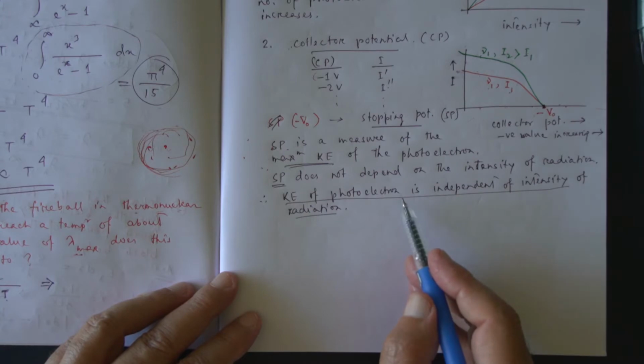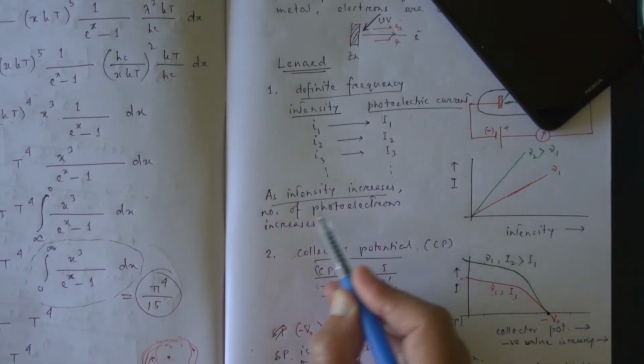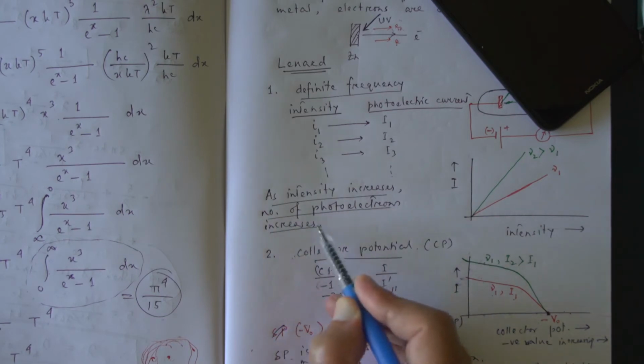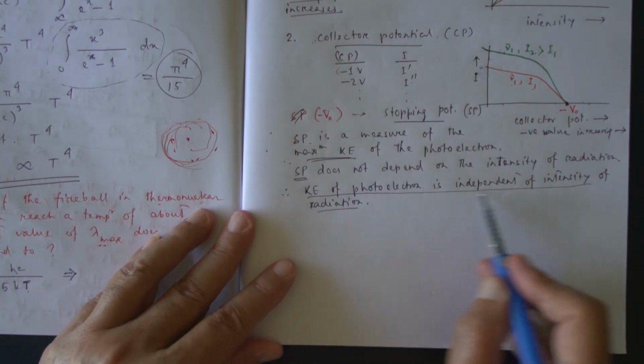So this is the second observation. What is the first observation? As intensity increases, the number of photoelectrons increases. That is the first observation, and this is the second observation.